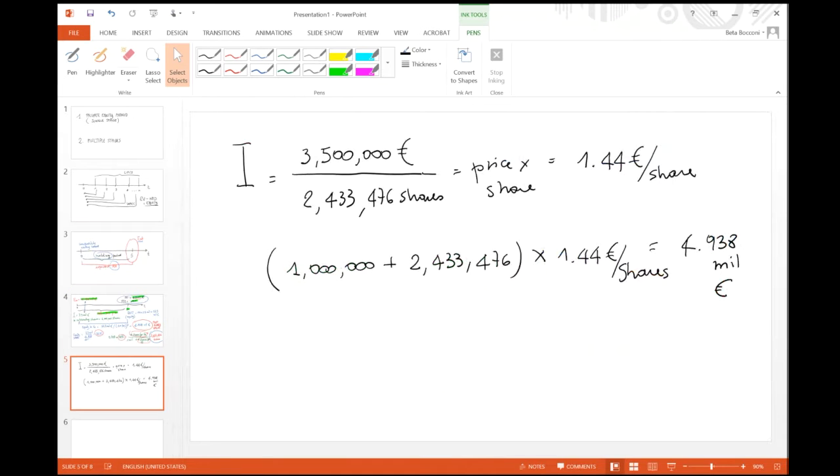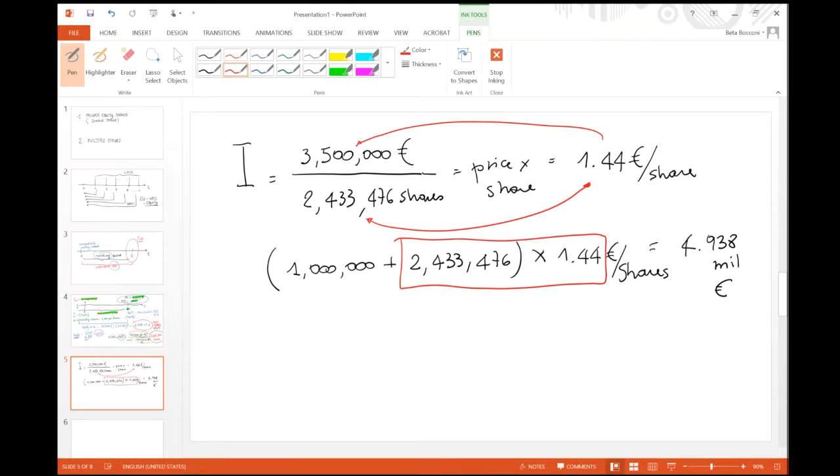How can we split this value? Very easy. The first component of our equation, this one, corresponds exactly to the 3.5 million capital increase. So this is the value of your capital increase.